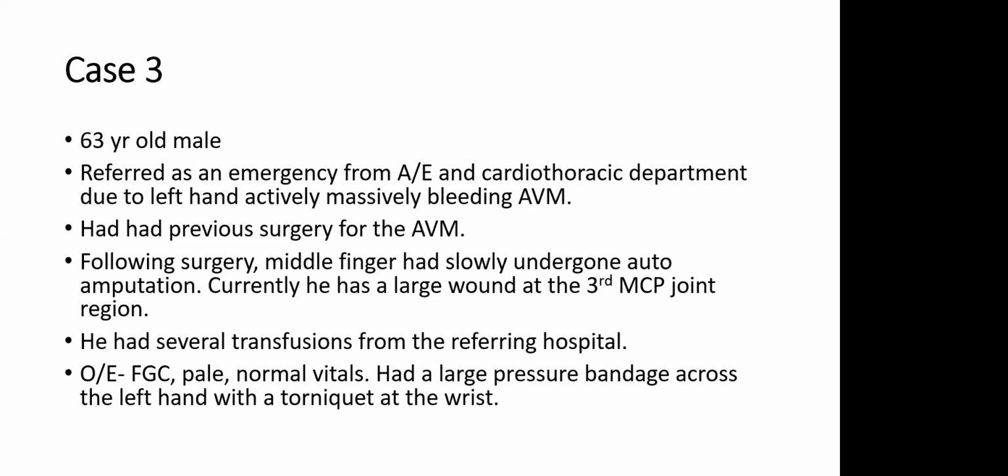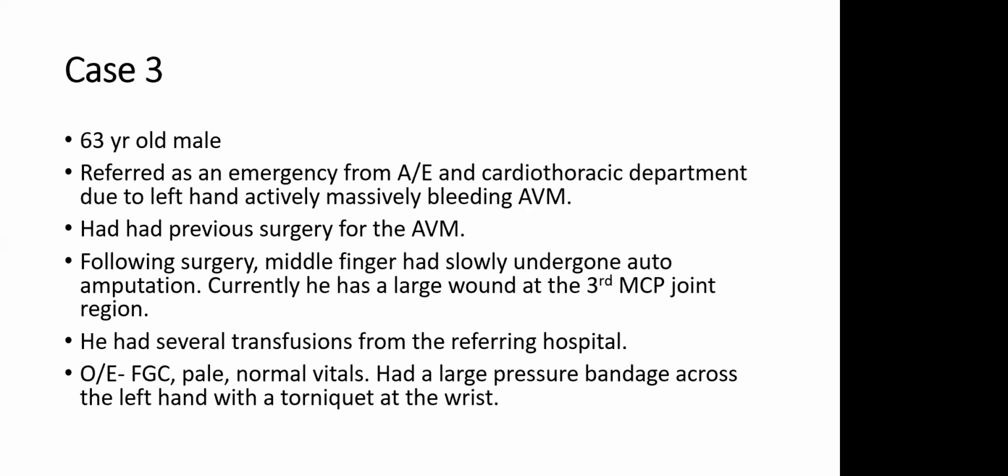And so the AVM had started bleeding spontaneously while he was at home, and he had received several transfusions from the referring hospital. So by the time he came, he was in fair condition, but quite pale, and he had a large pressure bandage across the left hand with a tourniquet. Actually, he had two tourniquets to try and control that torrential, massive bleeding that was coming from the hand.